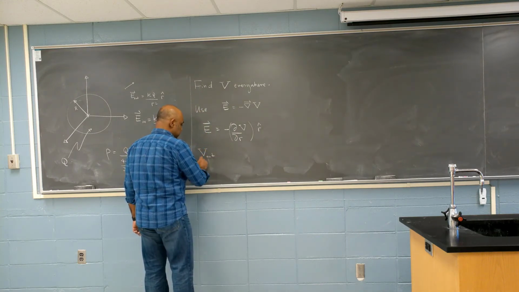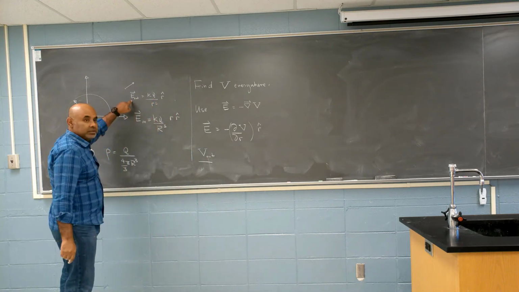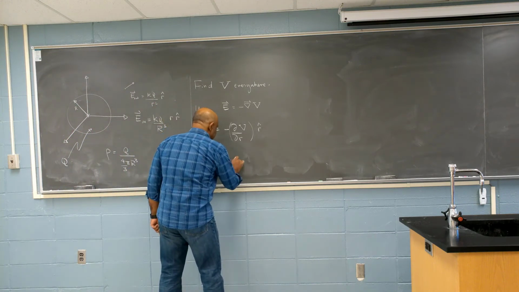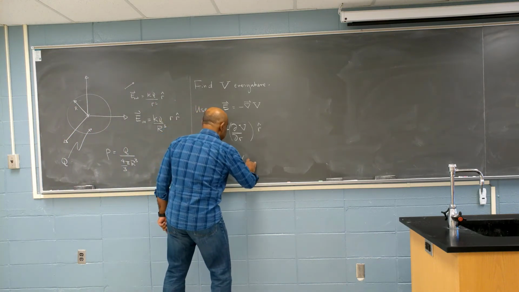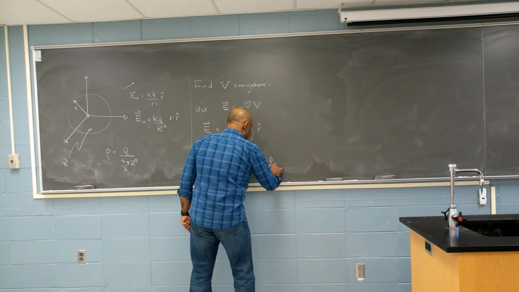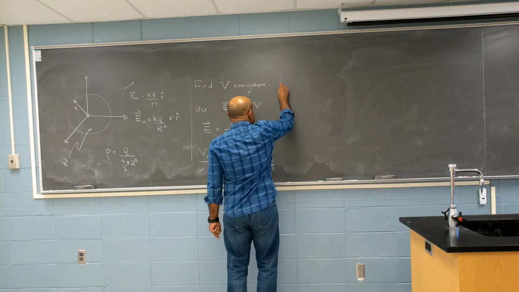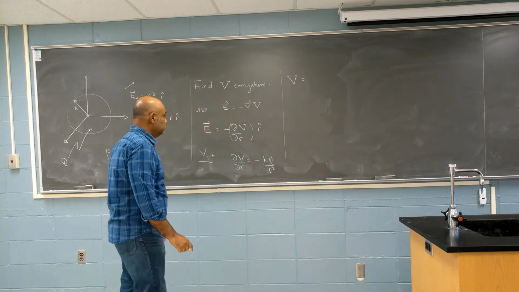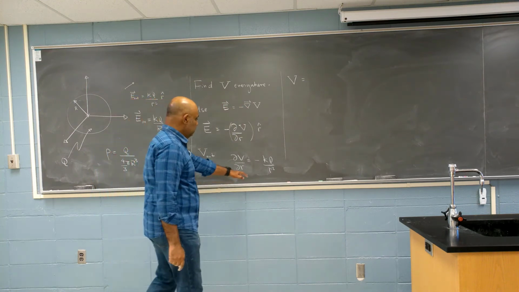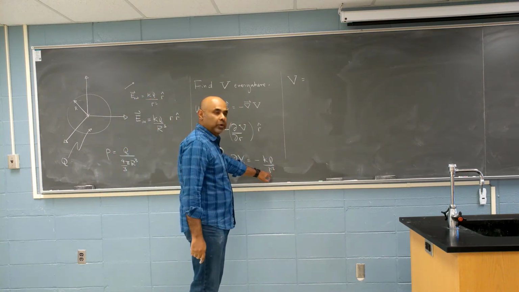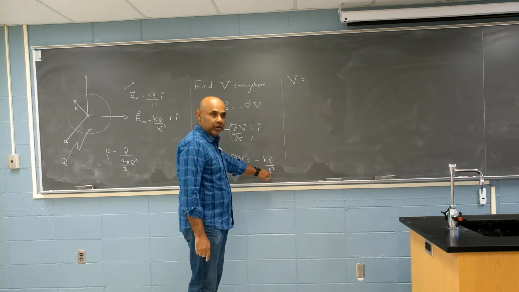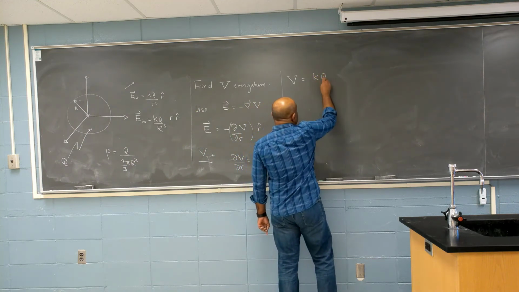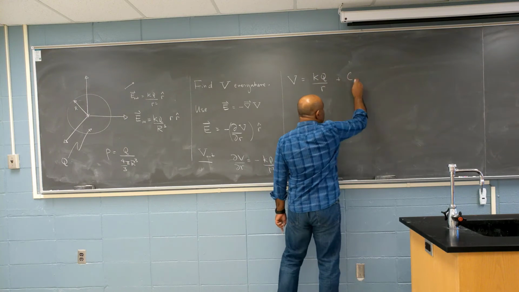So let's find V outside first, which means I'll be using this expression. Let me do it this way: dV/dr equals minus kq over r squared, which implies what? Integral of 1 over r squared is minus 1 over r, thereby killing this negative. So I get kq over r plus some constant.